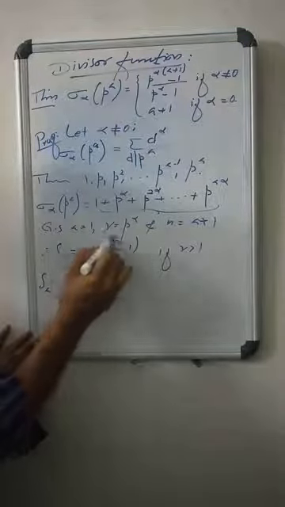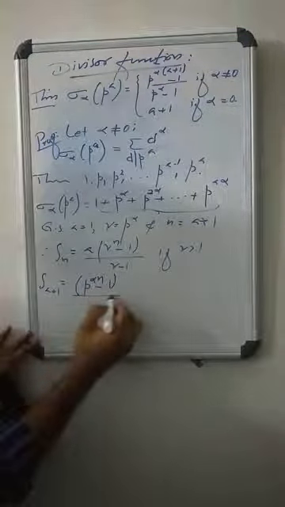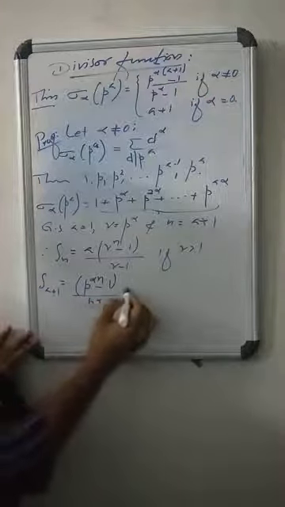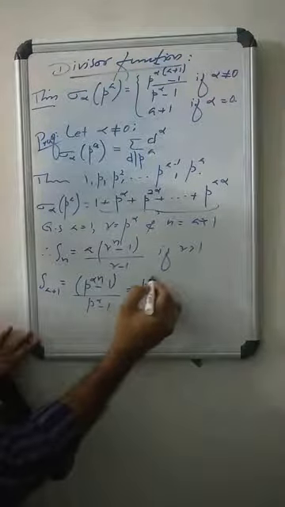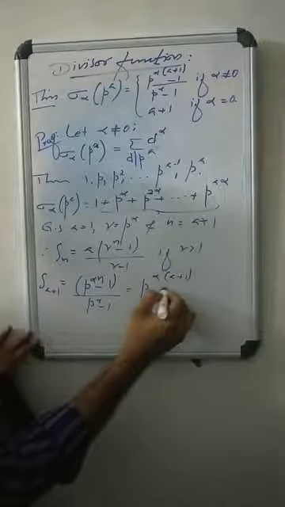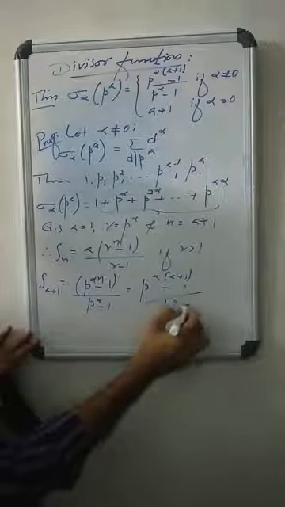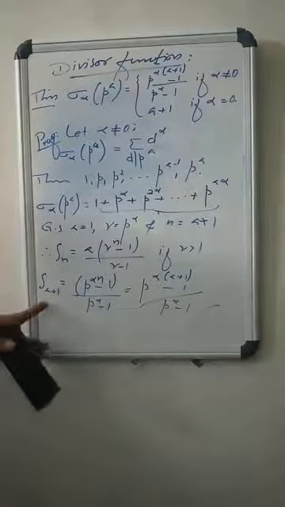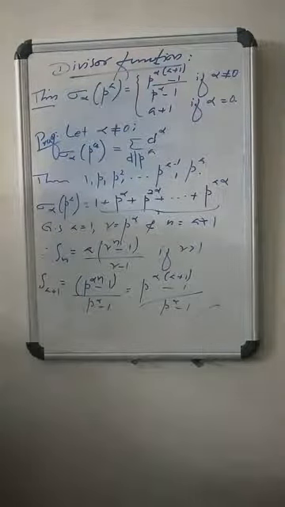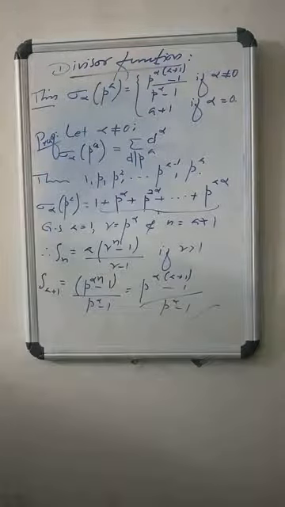That is, p power alpha all power n minus 1 divided by p power alpha minus 1. What is n? A plus 1. That is p power alpha into a plus 1 minus 1 divided by p power alpha minus 1. When alpha differs from 0, sigma alpha of p power a is nothing but p power alpha into a plus 1 minus 1 divided by p power alpha minus 1.